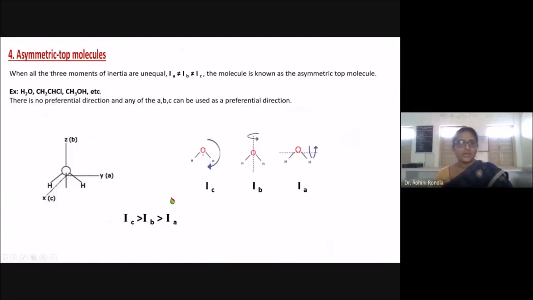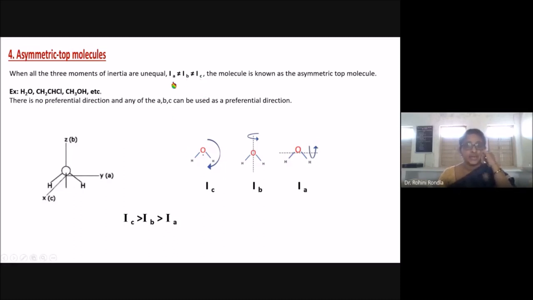Okay. And the next one, asymmetric top molecules. For example, take water. Imagine this carefully, then only you can understand this one. When all the three moments of inertia are unequal, IA is not equal to 0, IB is not equal to 0, and IC is also not equal to 0.